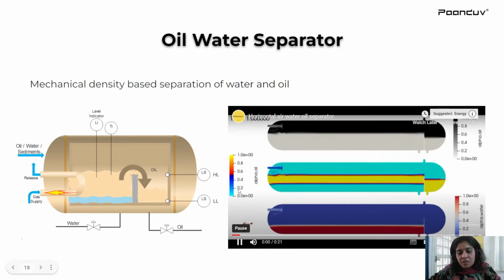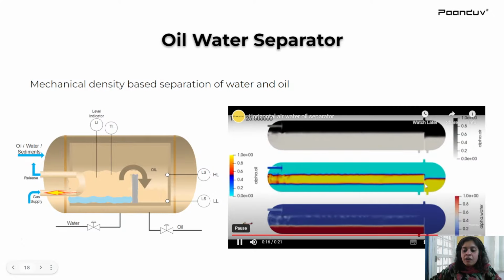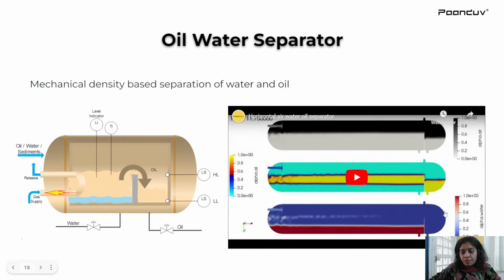This is a three-phase system that we have modeled: oil, water, and air. In the three cross sections, you can see that with the positioning of this baffle, you can adjust the separation efficiency of the overall system.